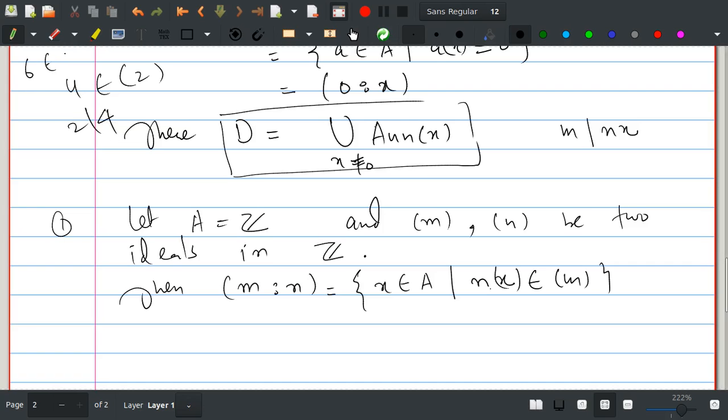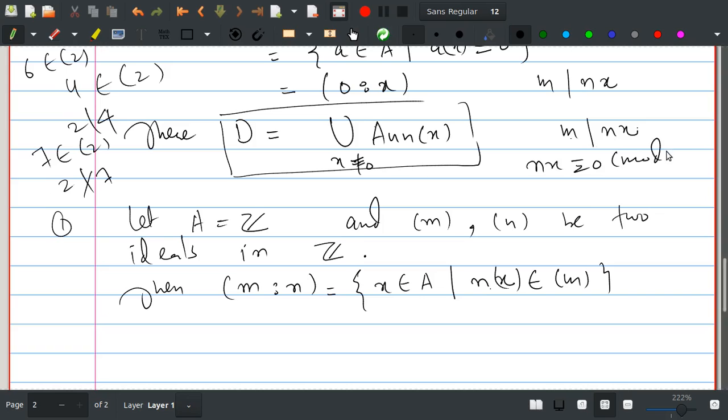Similarly, 6 is in the ideal of 2 because 2 divides 6. 7 is not in the ideal of 2 because 2 does not divide 7. So Nx being an element of M implies M divides Nx. Now M divides Nx implies Nx is congruent to 0 mod M. So this is the linear equation here.